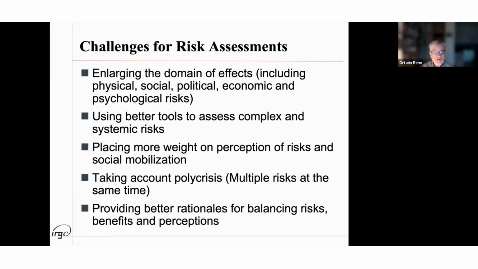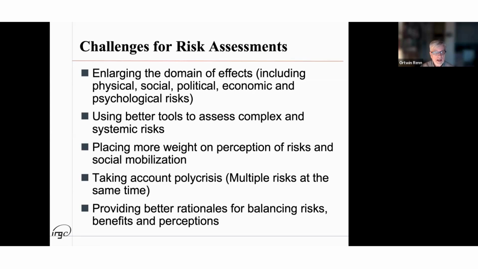We have to take into account now what people call polycrisis, so multiple risks at the same time. They're interconnected. Either there's a contagious model in which one risk basically spreads over to the next, or we have a cascading risk where one leads to impacts on other types of risk, and they lead to other risks and so on.